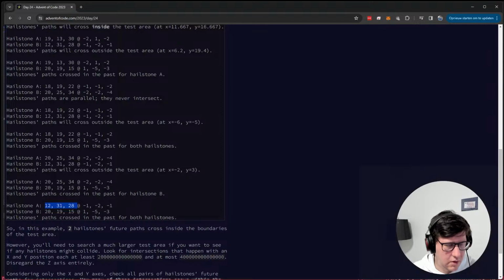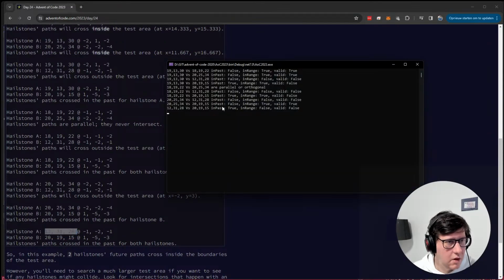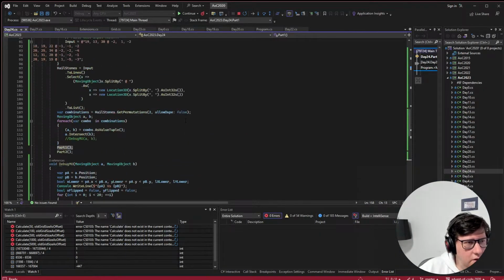Okay. Let me see. Which one did it say true? 2025 to 2019. Okay, interesting. I should print out the intersection values actually.